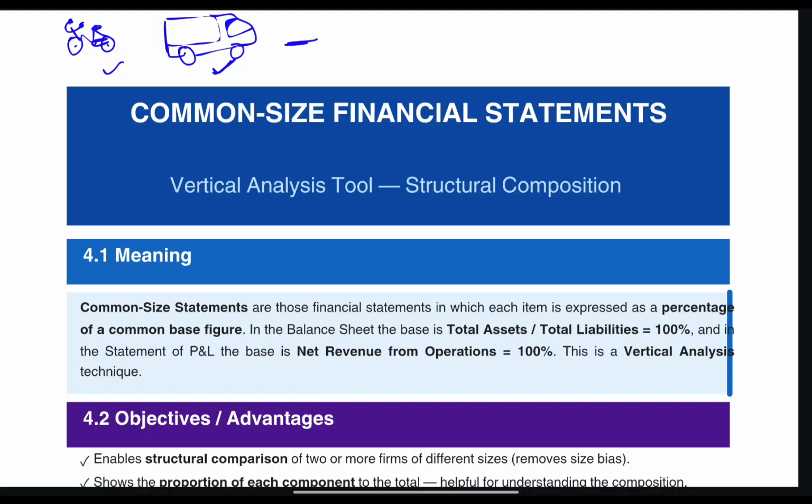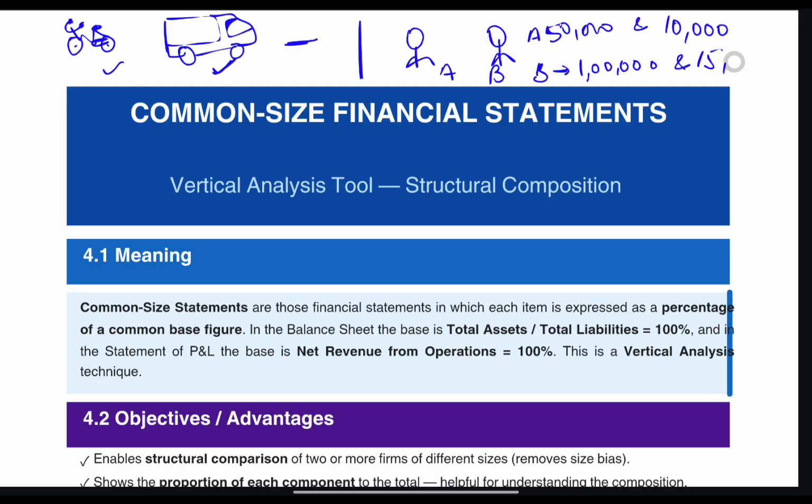Let's take another example. Suppose there are two students. This is student A and this is student B. Student A earns 50,000 and saves 10,000 from that amount, while B is earning 1 lakh and saving 15,000 from that.